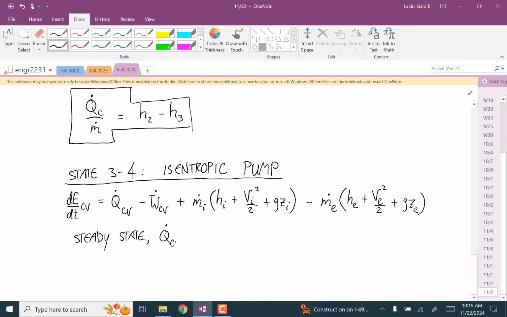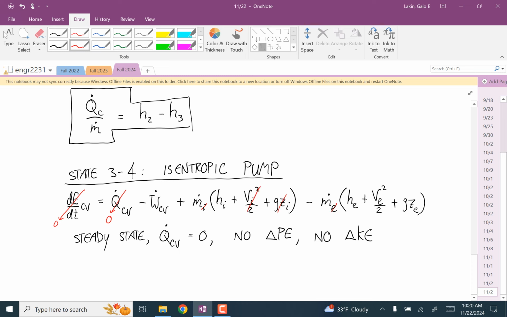We're going to assume that Q dot is 0 and that there's no significant change in potential energy or kinetic energy. So dE/dt is 0. Q dot is 0. The mass flow rates are the same.